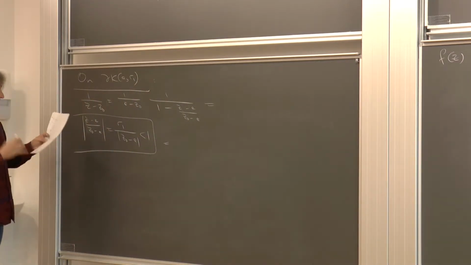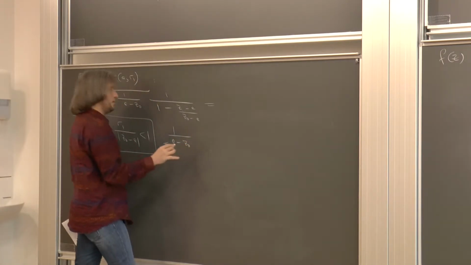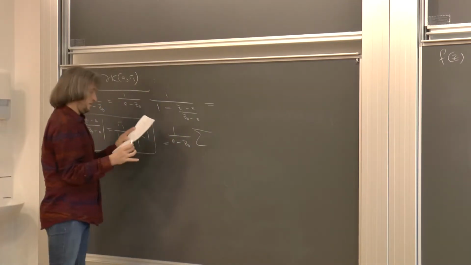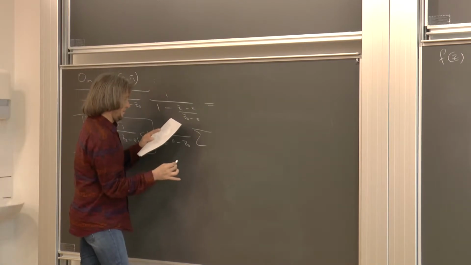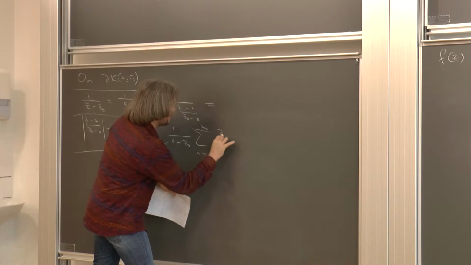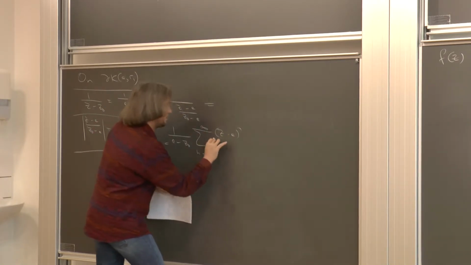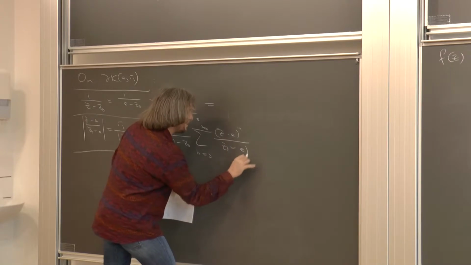So one over a minus z naught stays, then sum n equals 0 to infinity of (z minus a) to the n over (z naught minus a).